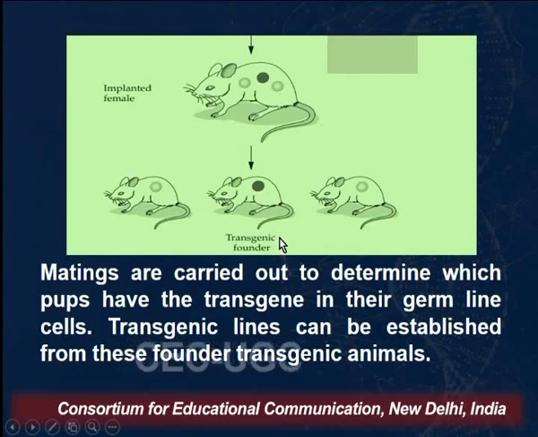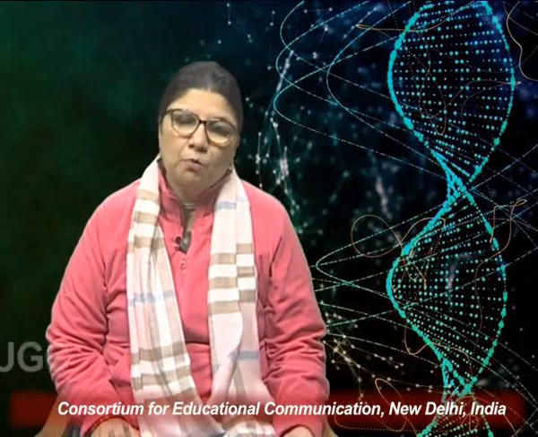But the expression of the gene is required. Now the expression of the gene requires the promoters and mediators and enhancers, and there are various regulatory mechanisms which regulate the expression of a gene.